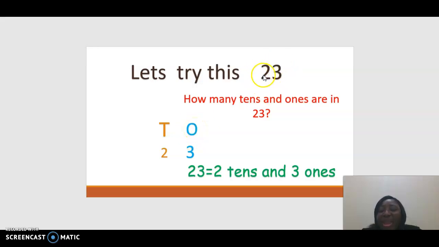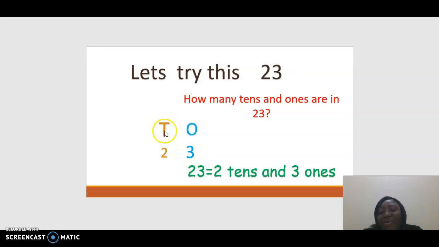I have gone ahead to put my first digit in my two-digit number right under T, which represents the number of tens I have. And right under my ones, I have gone ahead to put my 3 under ones, which represents how many ones there are in the number 23.